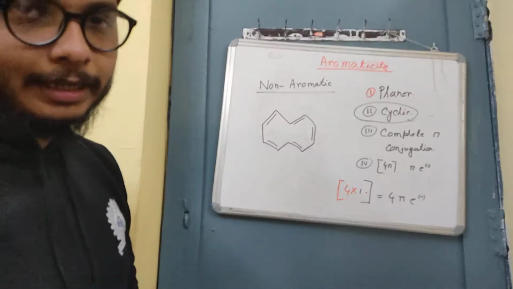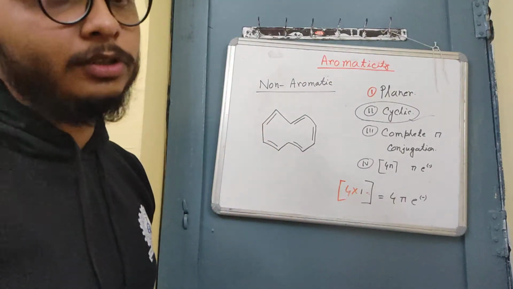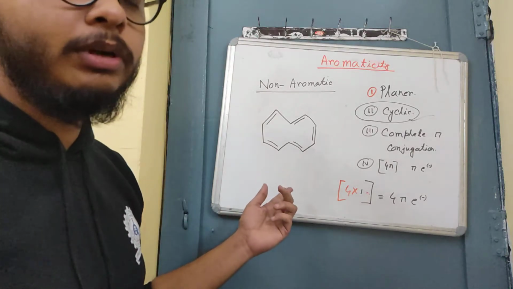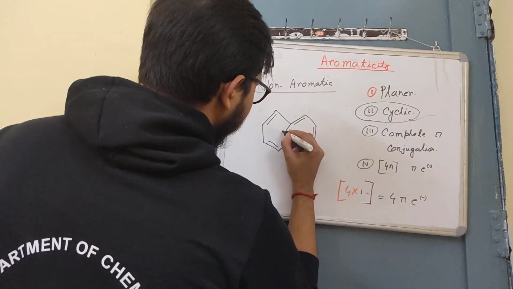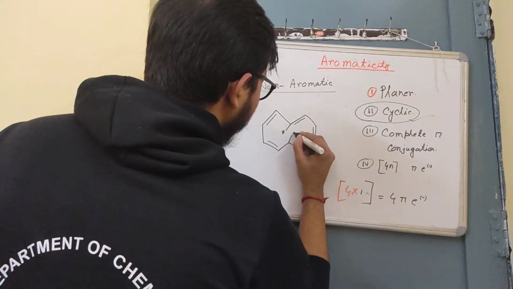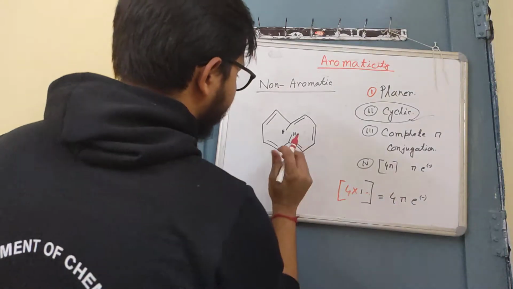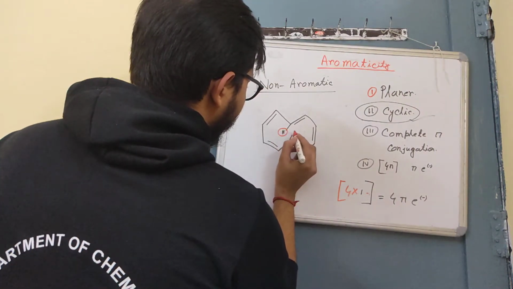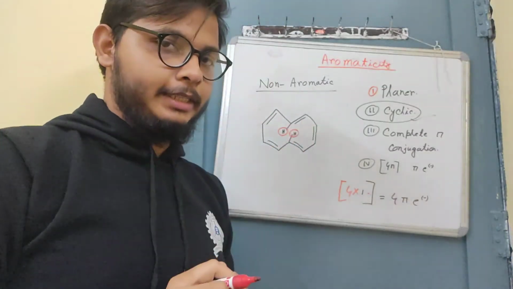Why is this non-aromatic? Because it looks like a planar molecule, but actually this molecule is not planar. Why is this molecule not planar? Because there is a hydrogen here and there is a hydrogen here. These two hydrogens repel each other.